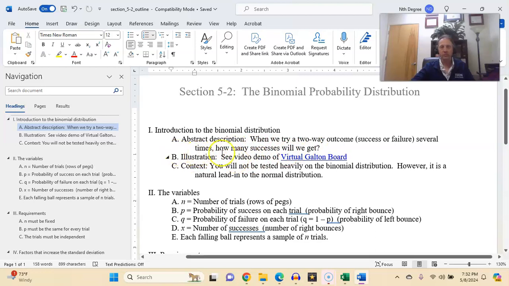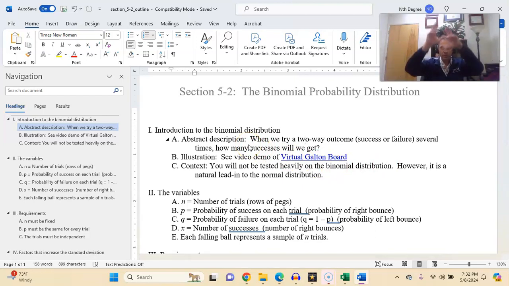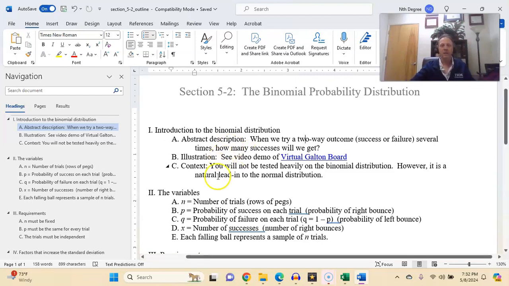I have a really cool illustration for this. We're going to take a look in just a moment at what's called the virtual Galton board to see how a binomial distribution can be simulated by dropping a whole bunch of balls down a peg board. It's really cool. As far as a little bit of context for this class, you will not be tested heavily on the binomial distribution. There are really only a couple of questions in the course that relate to it directly.